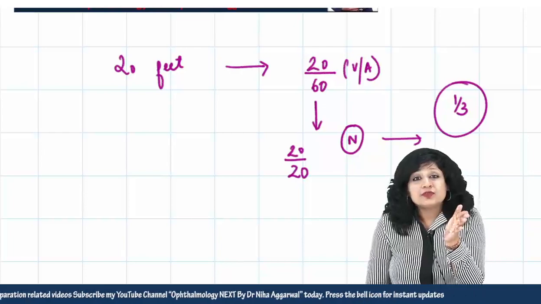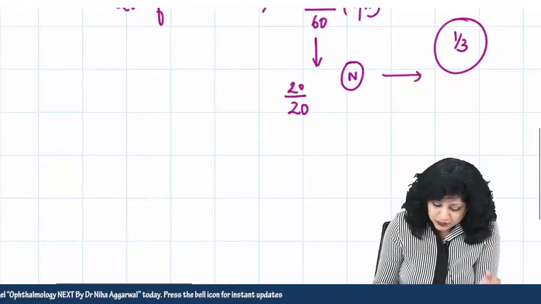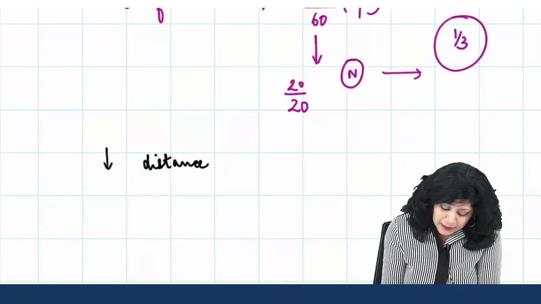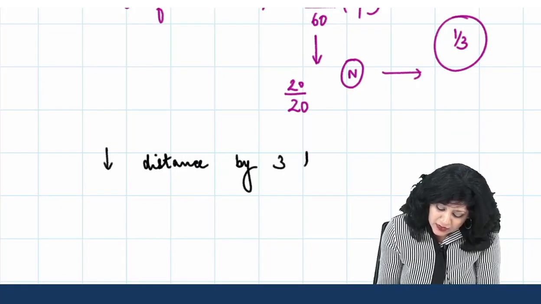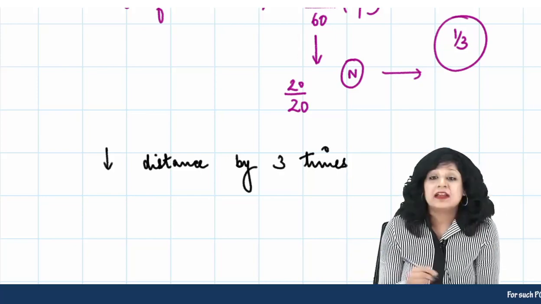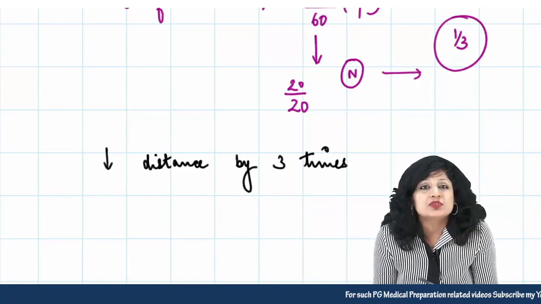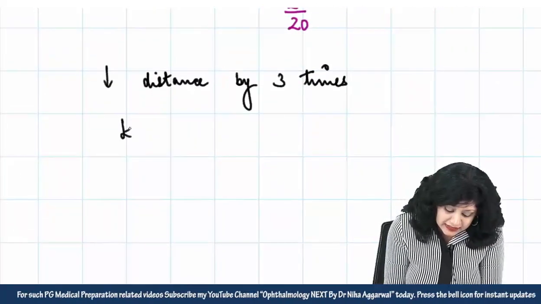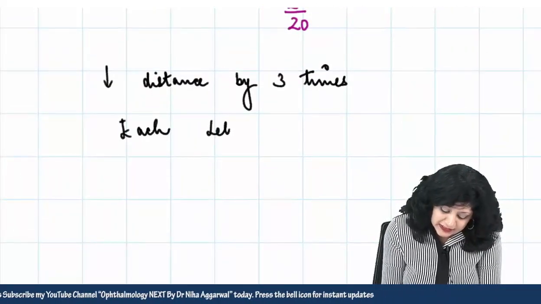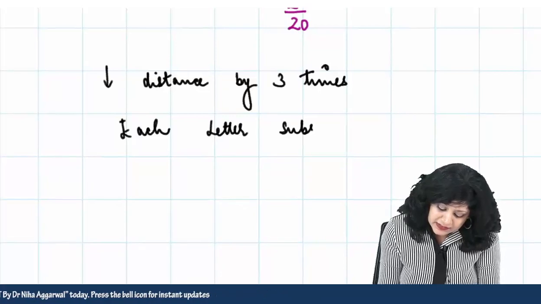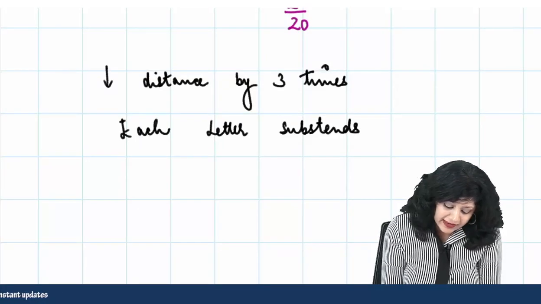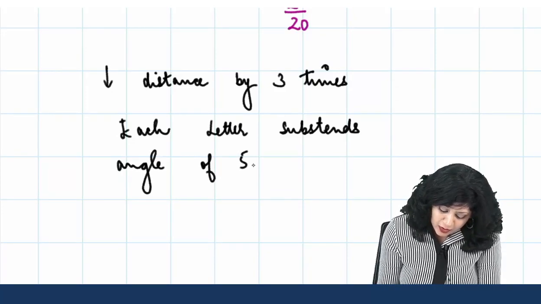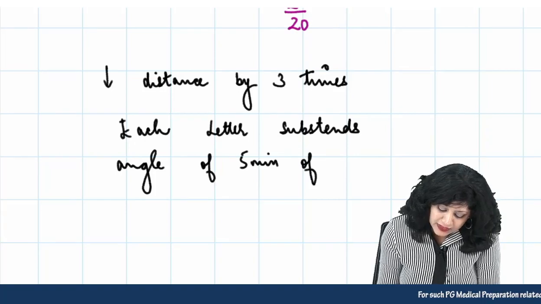So you have to decrease the distance. So what you have to do? Decrease the distance by 3 times. Why? Because when I am comparing her visual acuity with the normal visual acuity, it is 1/3. Now we know that each letter subtends an angle of 5 minutes of the arc.